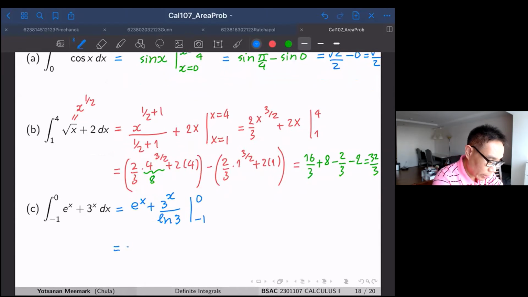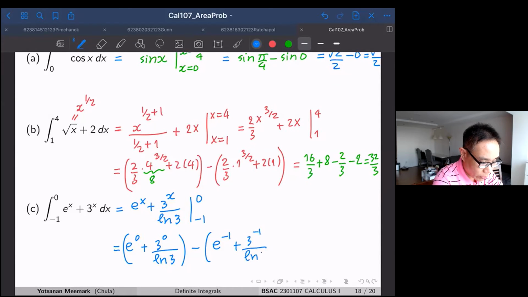And this one will become e to the 0 plus 3 to the 0 over log 3, one term, minus e to the negative 1 plus 3 to the negative 1 over log 3, another term.